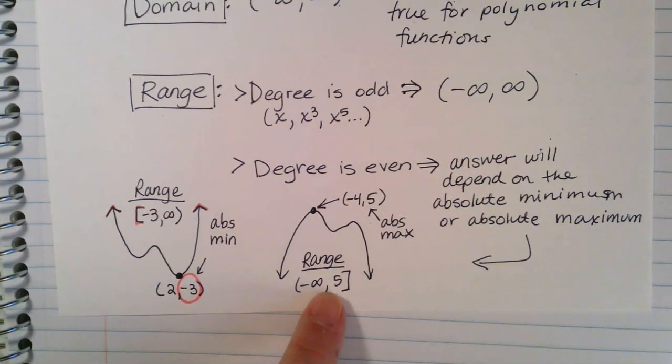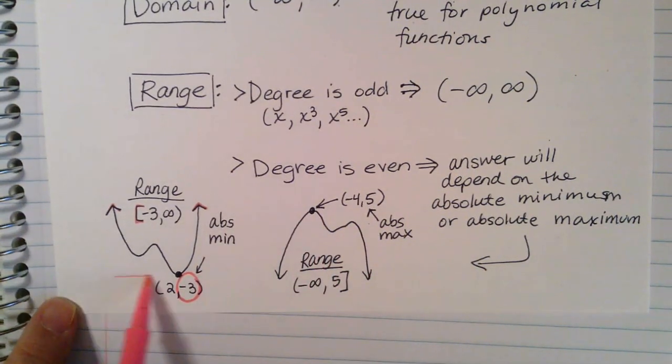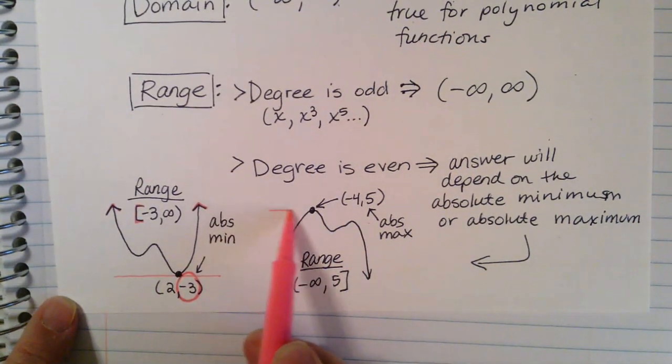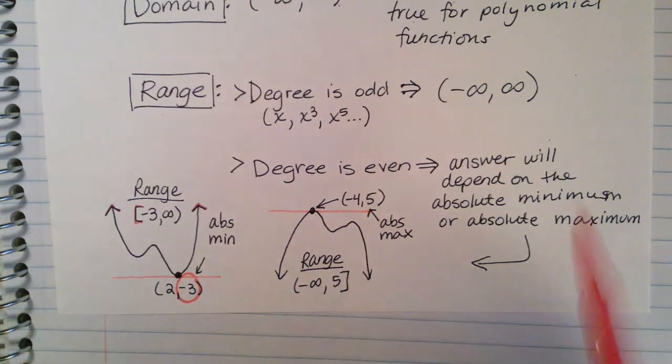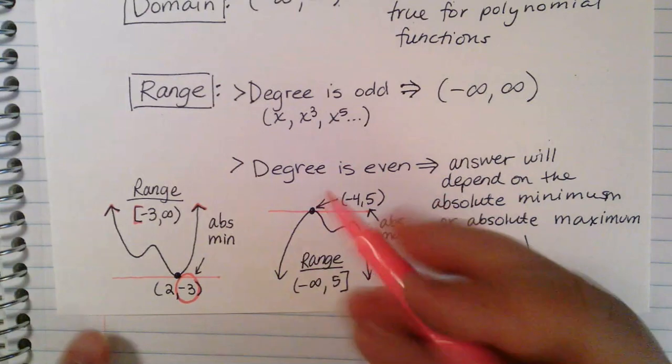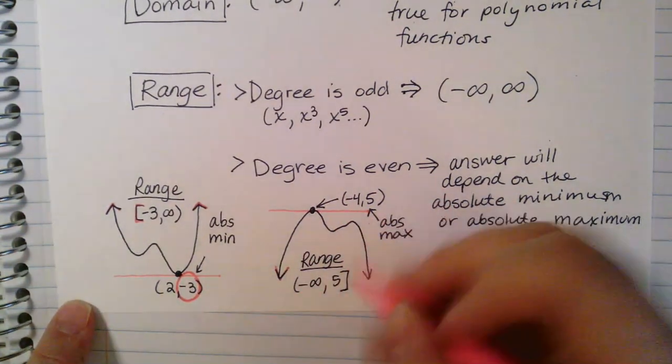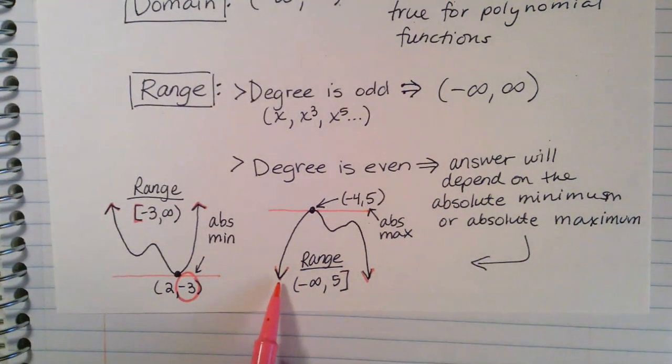Over here, this one opens downward. This has a ceiling. We could think of the other like a floor, and this is like a ceiling. There is a highest that y can get, and it gets no higher than that. It never goes above that. So, always smallest to largest, the smallest y value, well, y can be smaller and smaller toward negative infinity.